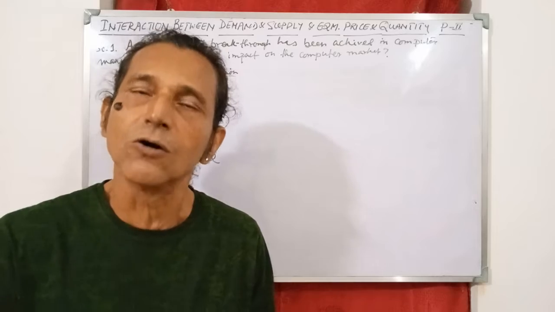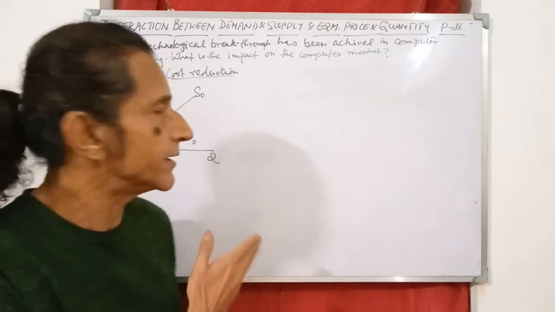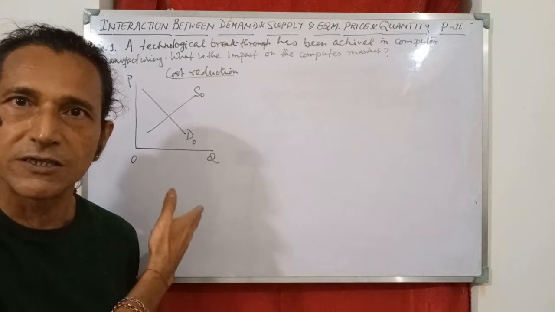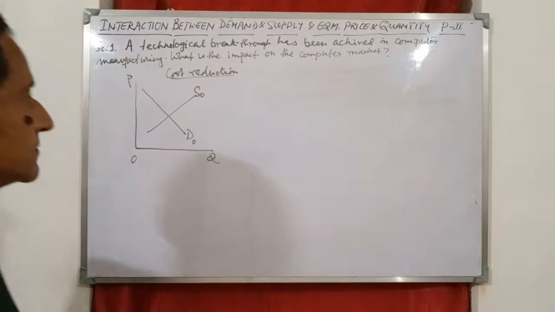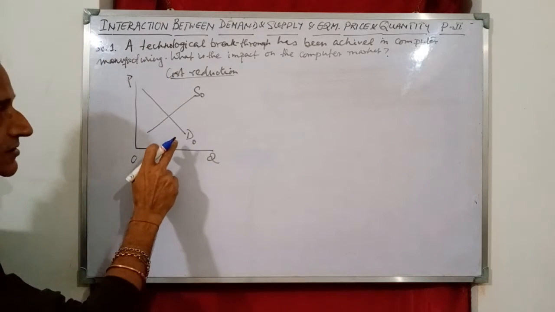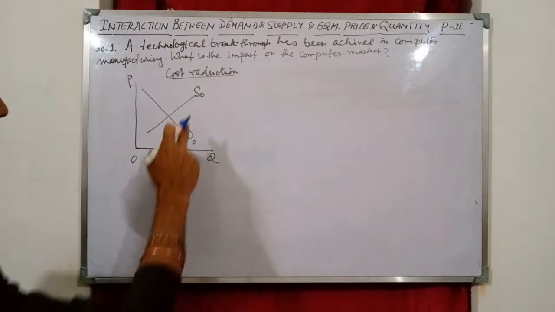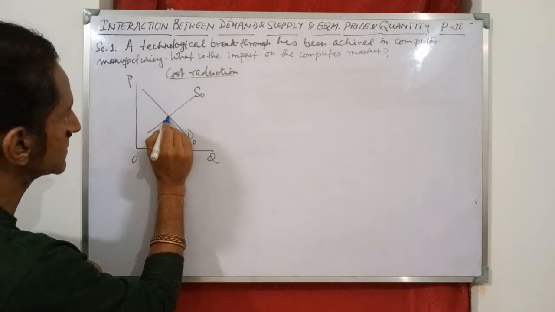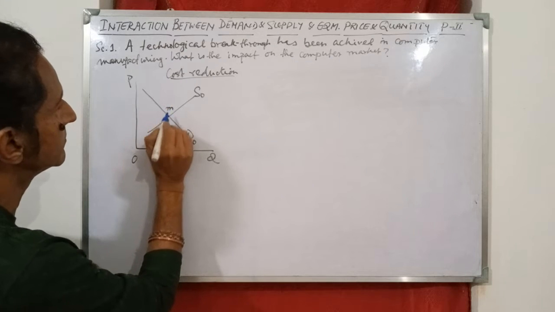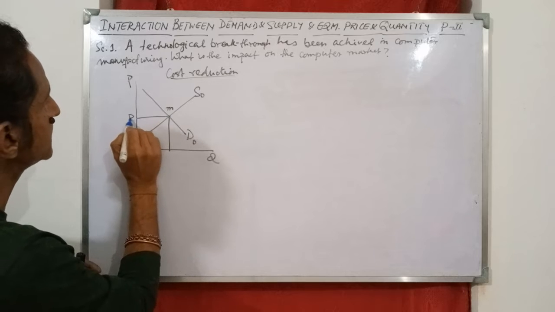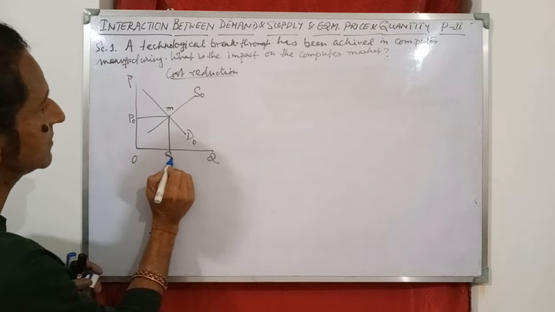The demand side won't be impacted by fall in cost of production due to technological breakthrough. Correct? So let the original demand curve be D sub 0 and original supply curve be S sub 0, and let them intersect at point M. So equilibrium price and quantity are P sub 0 and Q sub 0.